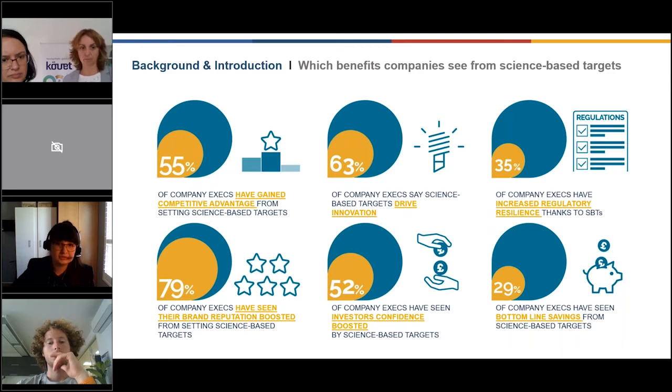So a range of business benefits ranging from gaining competitive advantage to driving innovation and technological change within a company, aligning your business to upcoming regulation within your country or region of relevance to the climate space, as well as having a positive brand reputation boost, specifically around consumer forward-facing companies such as retail, investor confidence boosted, and savings as a result of having greenhouse gas emission reduction targets in place.